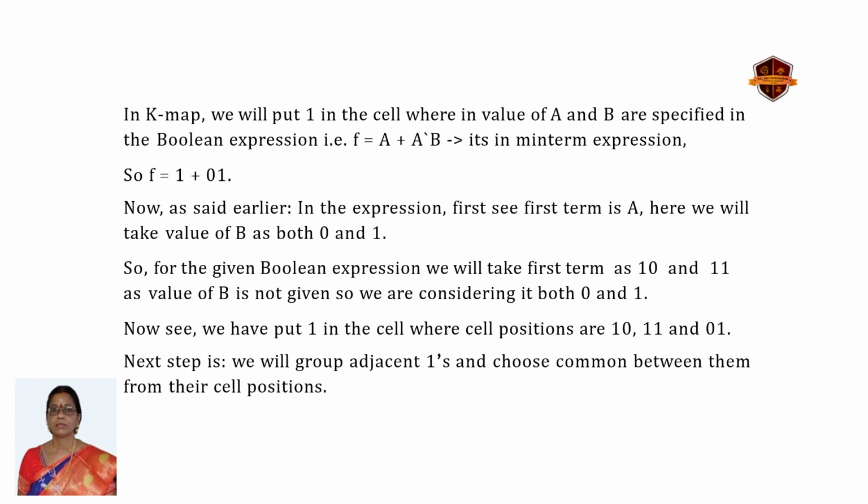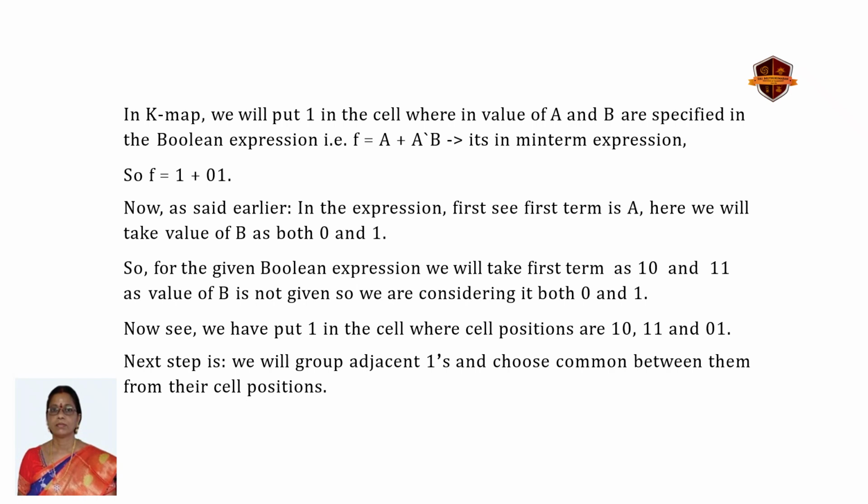Now in the expression, first see the first term is A. Here we are going to take both the values of B, B and B bar, which is B as 1 and B bar as 0. So for the given Boolean expression, we will take the first term as 1 0 and 1 1, as the value is not given, we are considering it as both 0 and 1. Now we put 1 in the cell positions 1 0, 1 1 and 0 1.